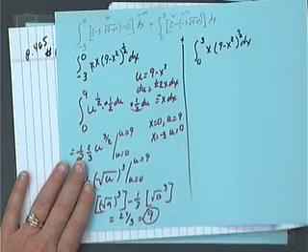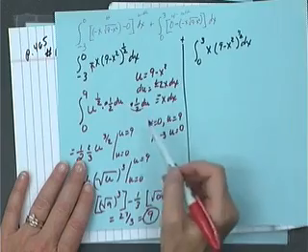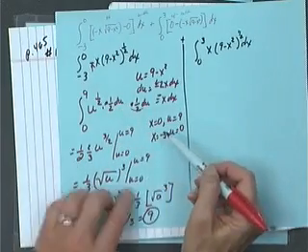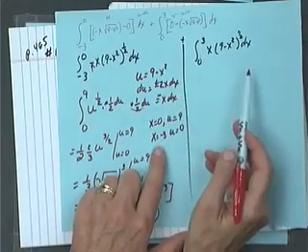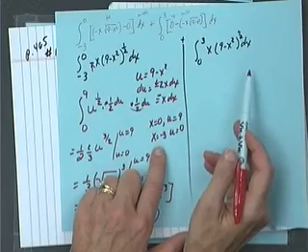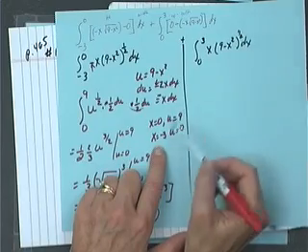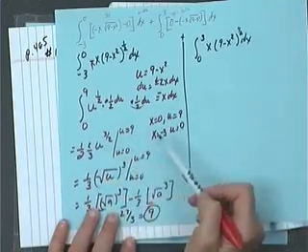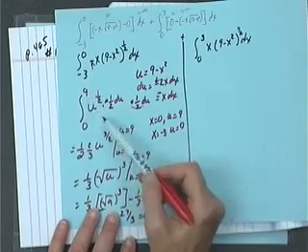So I've changed my limits on u. I haven't done the next one over yet. So I'm going to go from 0 to 9.